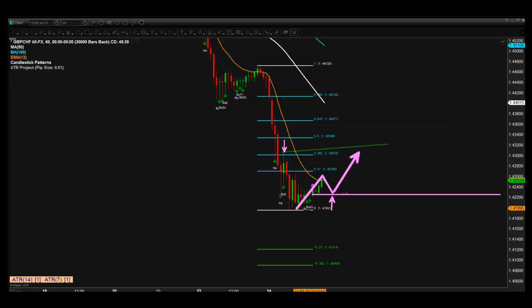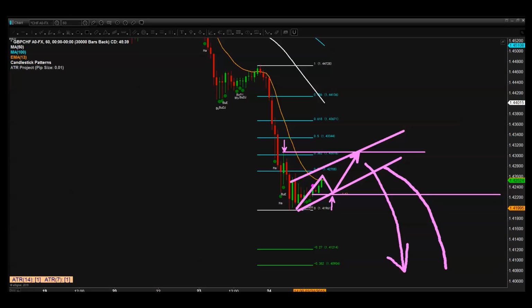At that resistance, I'll be looking for that 143.00 move higher in this pound chief before we take the next bear flag down. Can everyone see this beautiful open space? And if you miss the first one, you don't want to miss the second one.